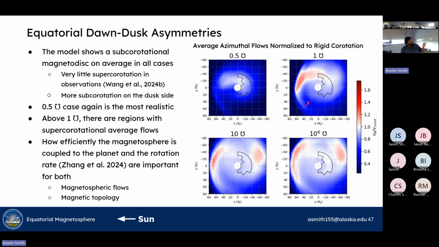However, this is also kind of showing the importance of the ionospheric conductance, because you can spin your planet up faster, but if you can't communicate from the ionosphere to your magnetosphere, then it doesn't matter if your planet's spinning faster, right? Because you have that lag in communication. So this is kind of showing that both the conductance and the rotation rate are very fundamental parameters for your magnetospheric flows and your magnetic topology.